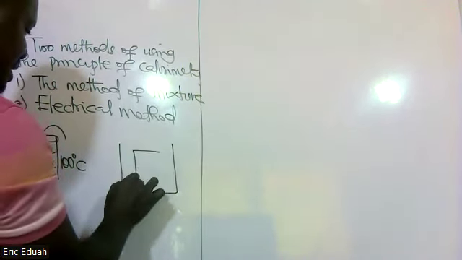So let us assume: MM stands for the mass of the metal, MW, mass of water, MC, mass of calorimeter.